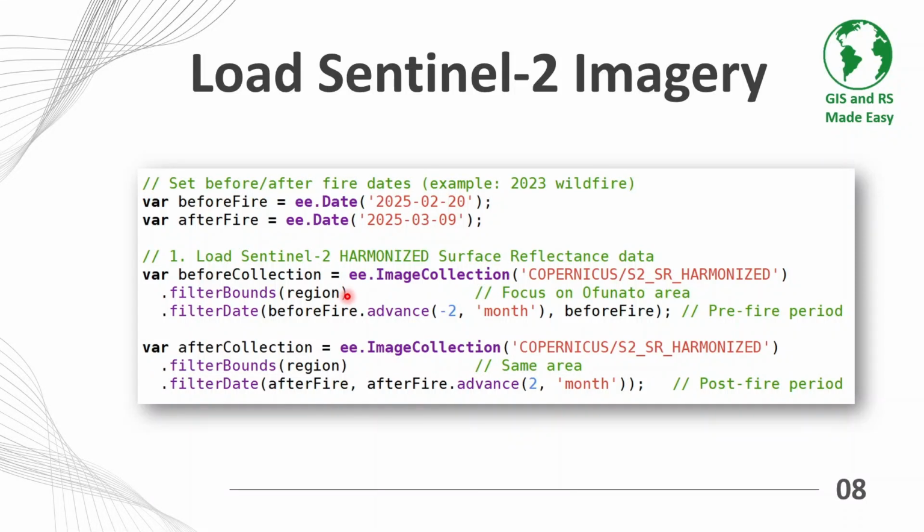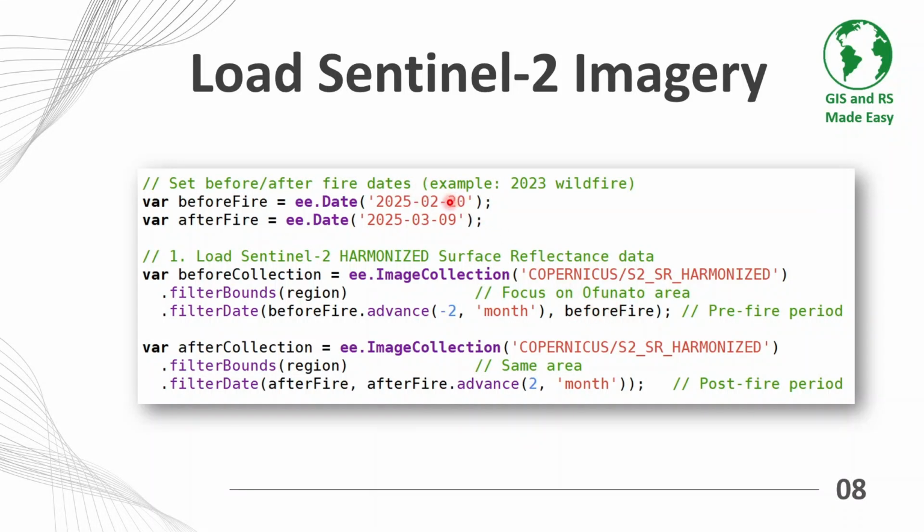So it will only focus on our Ofunato area, and the region geometry that we have made from the point around 10 km radius. Now with filterDate we need to insert two dates, from and to. So this is the from date and this is the to date. To date will be this date.